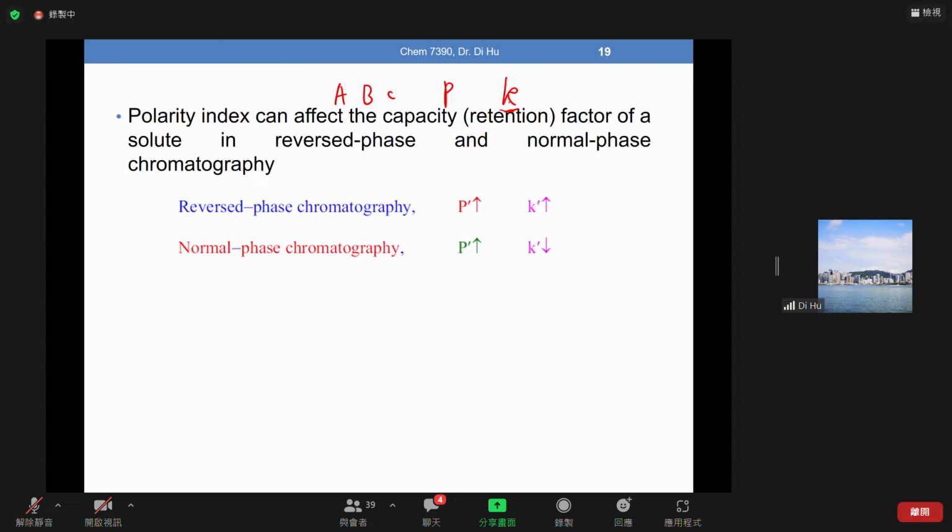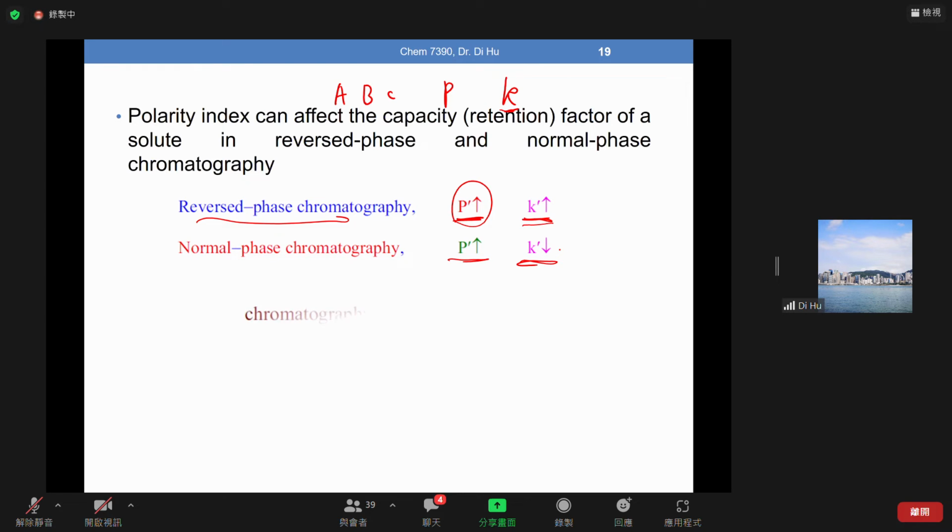For reverse phase, if we increase the polarity of the solvent, that increases K, because the reverse phase stationary phase is nonpolar. If you want to elute the nonpolar compound out, you have to use a less polar solvent. If you use a more polar one, the compound will stay in the stationary phase and K increases. However, for normal phase, if we increase the polarity of the solvent, the more polar compound elutes faster and K decreases.